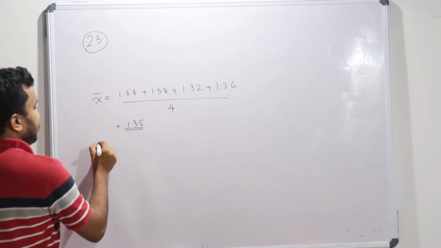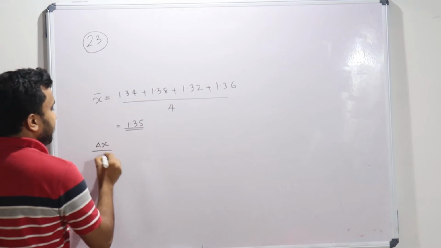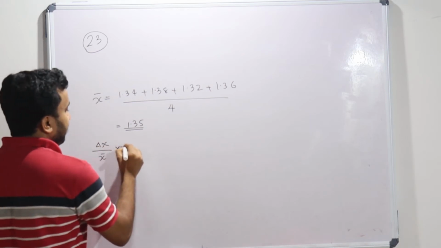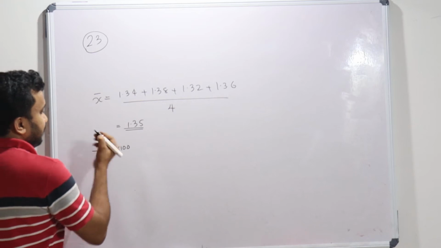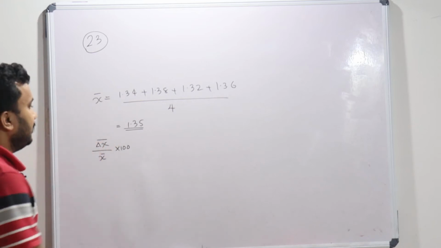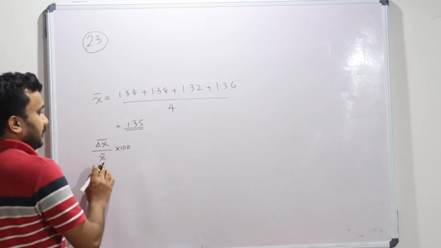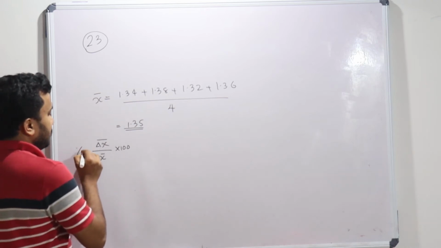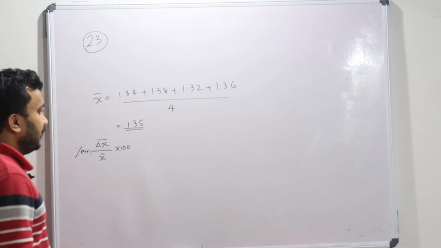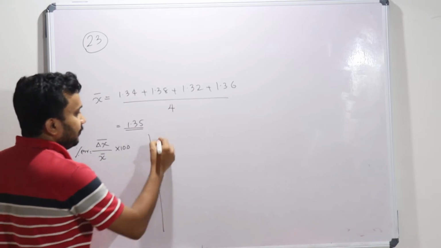We need to find the percentage error, which means delta x bar divided by x bar into 100. The mean value of the differences divided by the mean value is called the percentage error. To find this, first we need the value of delta x bar.